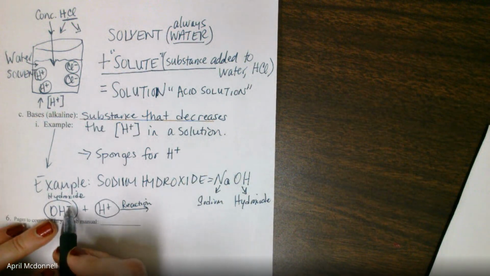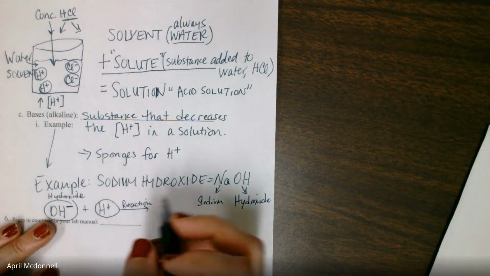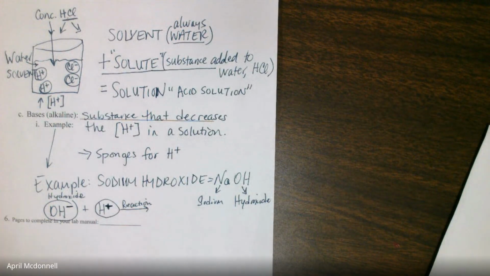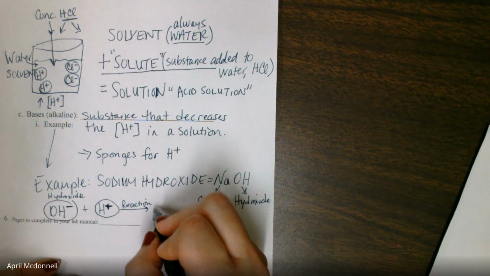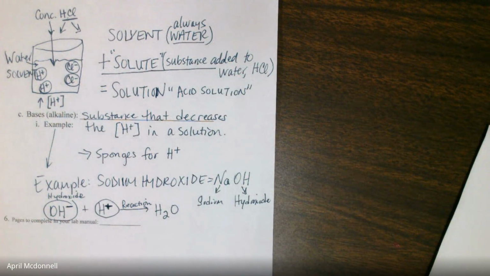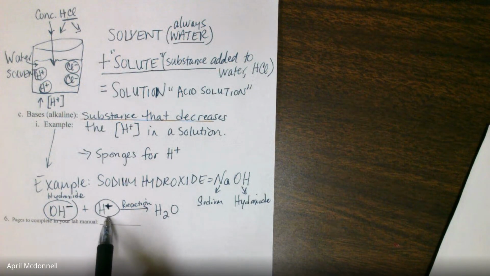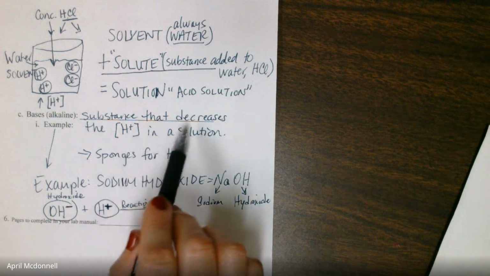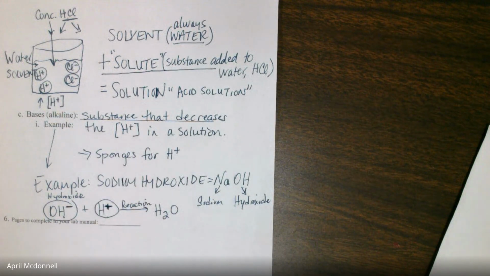Since hydroxide is negatively charged and hydrogen is positively charged, they will be very attracted to each other, and they will form a reaction that is going to end up producing water. So therefore, we have taken the free hydrogen ions out of the solution, which is the definition of what a base does. A base decreases the hydrogen ions in solution.